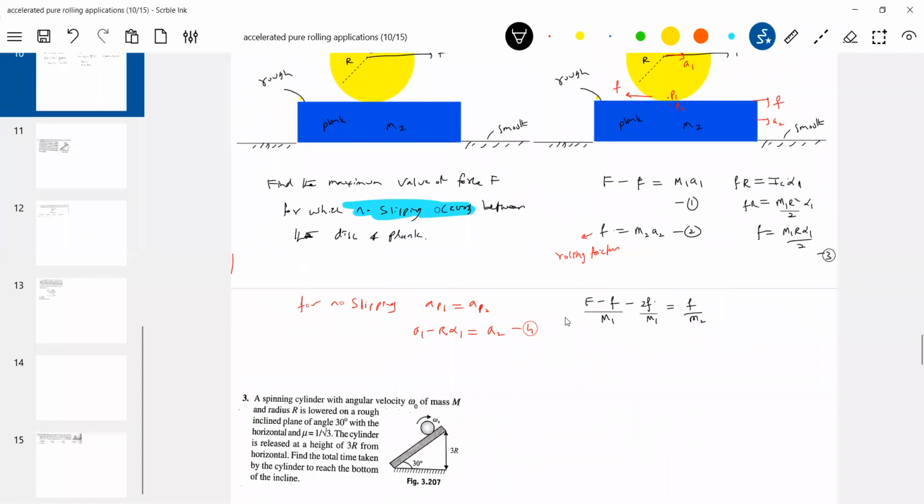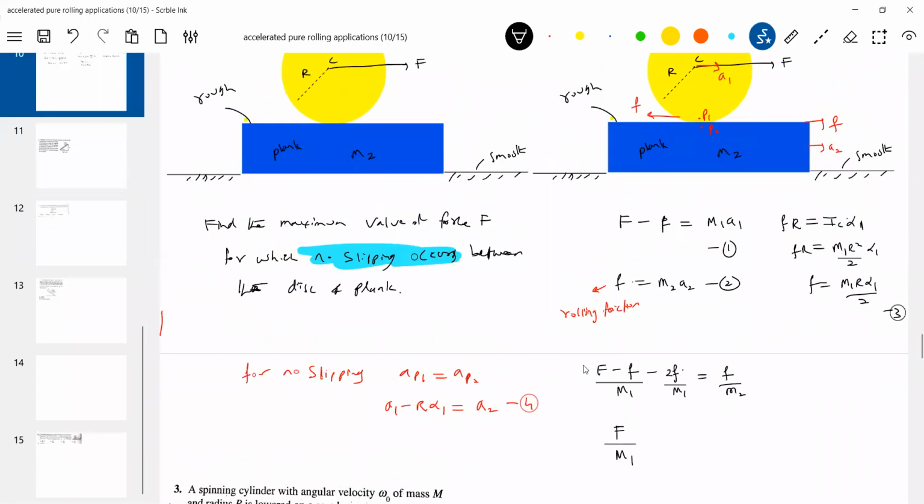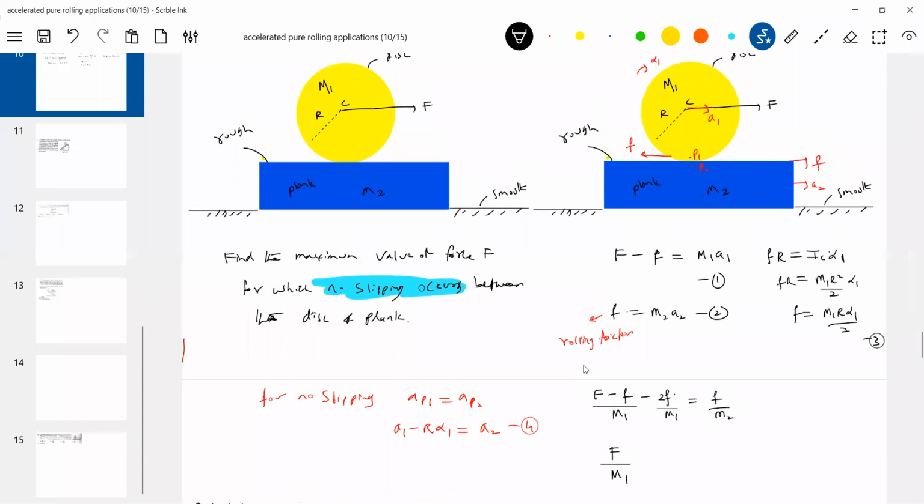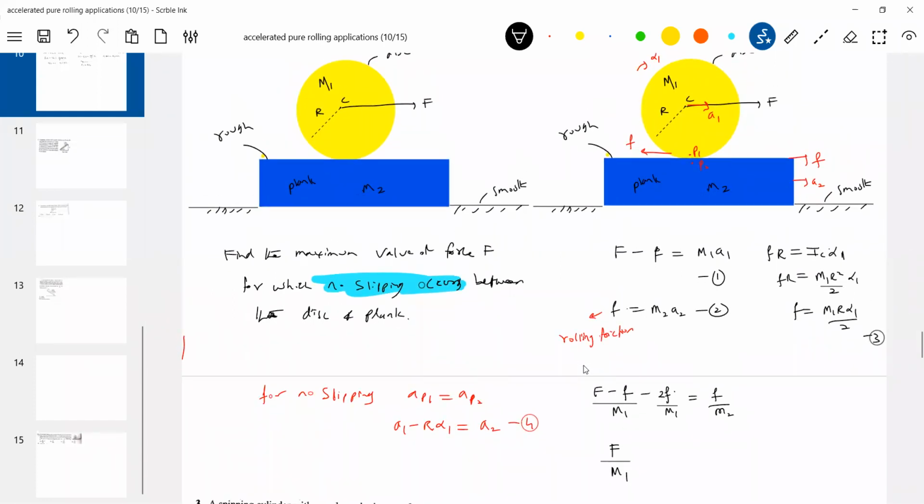So I'll further continue this. This will be F by M1 minus f by M1 plus 2f by M1, so this will be 3f by M1, equal to f by M2.